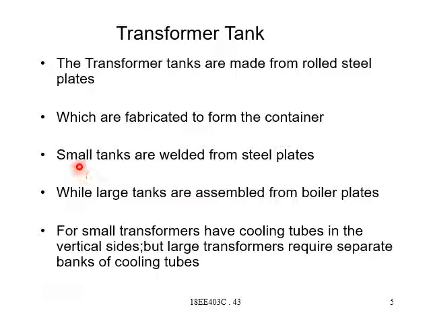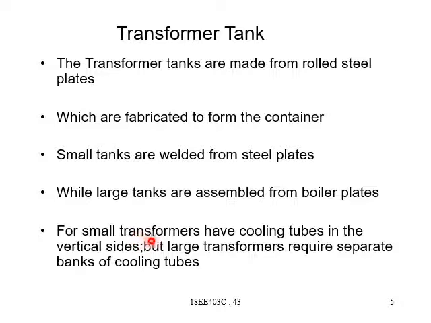Small tanks are made by taking multiple steel plates and welding them to form a container, whereas large tanks are assembled from boiler plates.